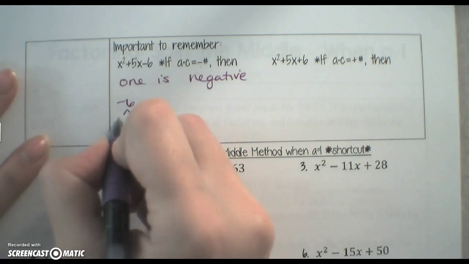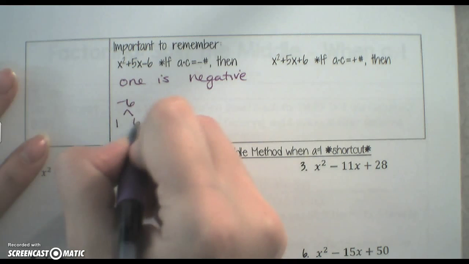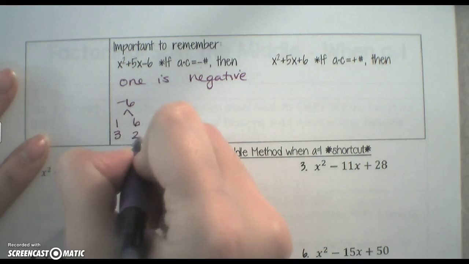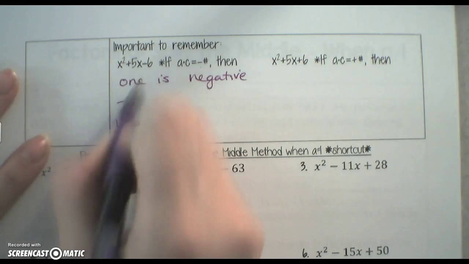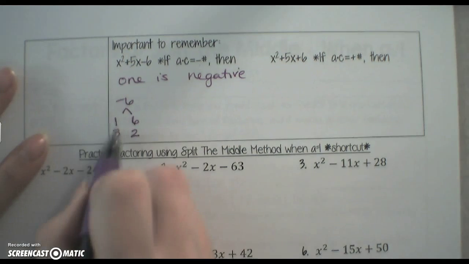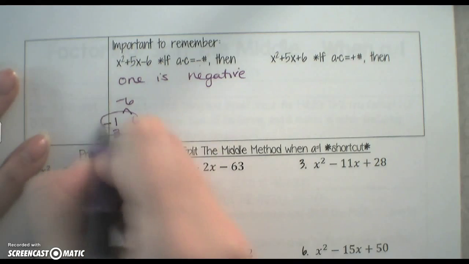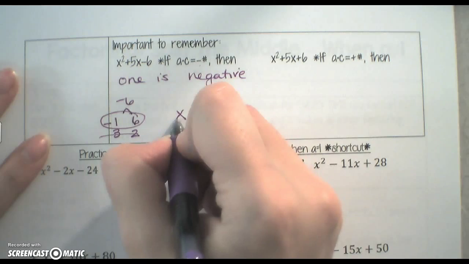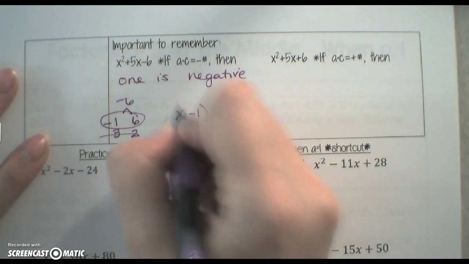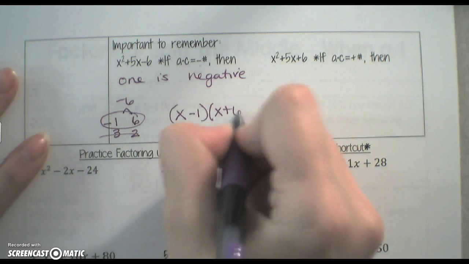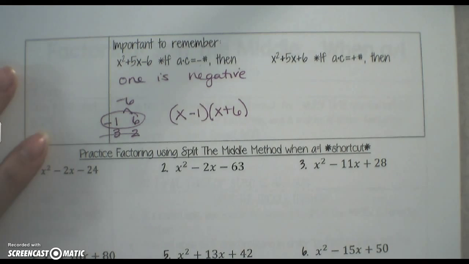Well, we're going to have to use 1 and 6 or 3 and 2, but one of them's negative and we need a 5. So it's not going to get that with 3 and 2, because if one of them's negative, it's going to have to be this pair. So it's going to have to be an x minus 1 and an x plus 6. So one of them's negative.